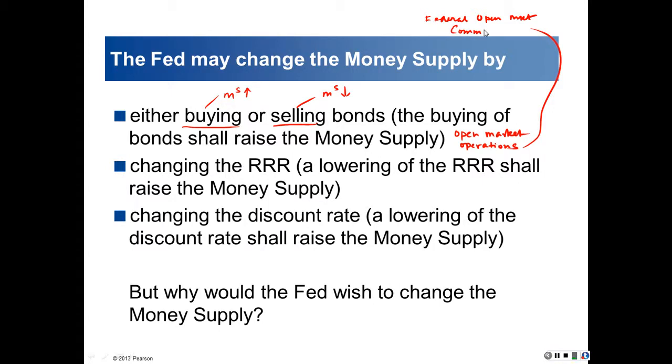There is a second way in which the Fed can change the money supply, and that is by changing the RRR. Now, I want to make sure that you understand how that works. Remember the formula we have, which is that the change in the money supply is equal to the change in the monetary base times the money multiplier.